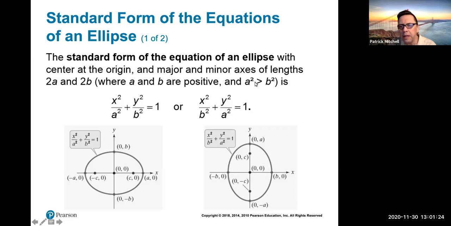Remember, we're assuming that a squared is greater than b squared. In that case, you would get a vertical ellipse. Notice that if a was equal to b, this would just be a circle.